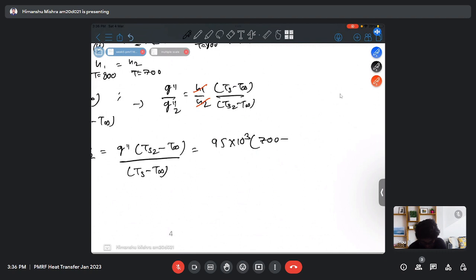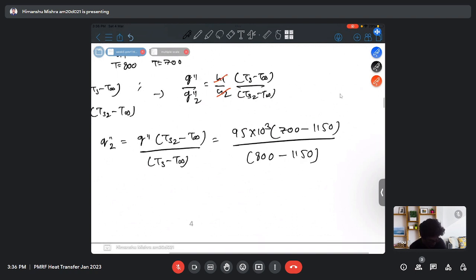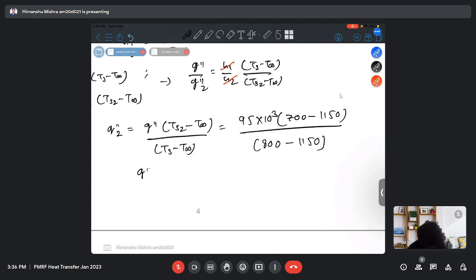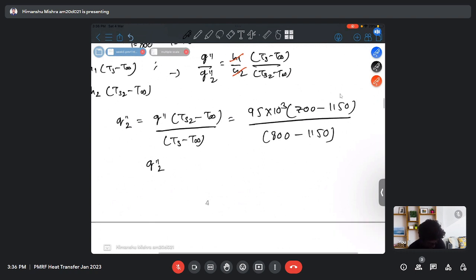And my T infinity is 1150. So now on solving this, my change in heat transfer due to change in temperature will be 122 times 10 to the power 3 watt per meter square.